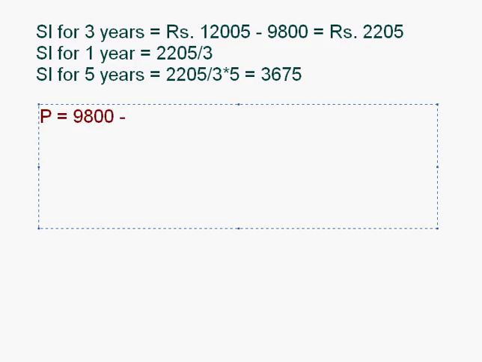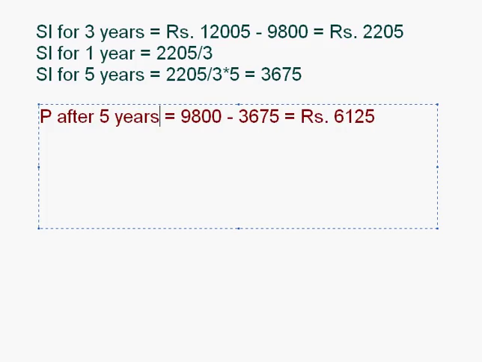So we will subtract 9,800 minus 3,675. It will become 6,125. Okay, so this will be the principal. So the principal will be 6,125.